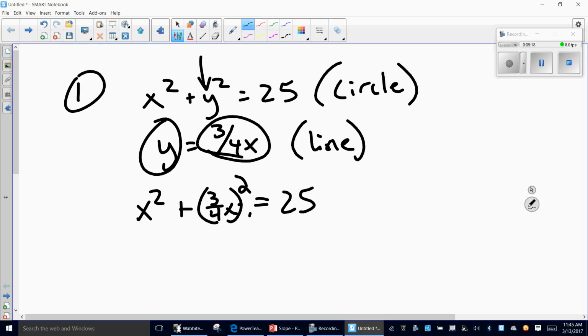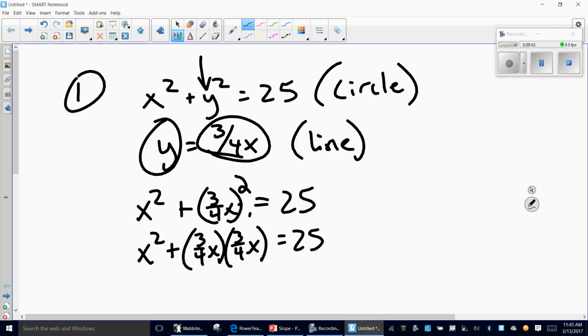Why can I take it to everything? Because it's a monomial. If you can't remember when you can and when you can't, what do you do? Write it twice always. I'm going to write it twice, because this way works all the time. But you can take the square to the 3.